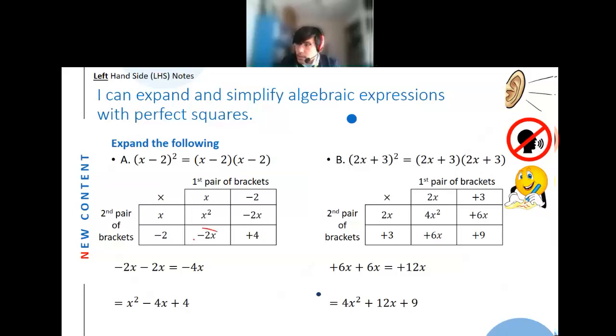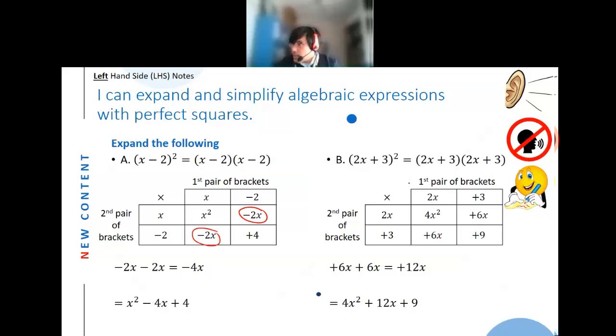Then we combine the like terms, the negative 2x and the negative 2x, which gives us negative 4x. So our final answer is x squared minus 4x plus 4.